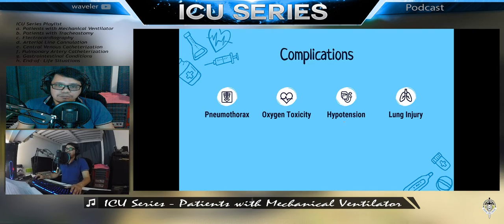And it can also be because of pneumothorax. If there's too much pressure in the thoracic cavity, the heart cannot pump enough blood to the other parts of the body, which causes hypotension. And it can also cause lung injury because of the extreme pressure. Sometimes it can cause destruction of the alveoli because of incorrect settings of the machine.